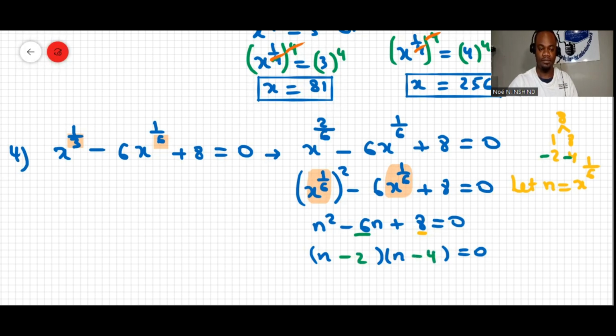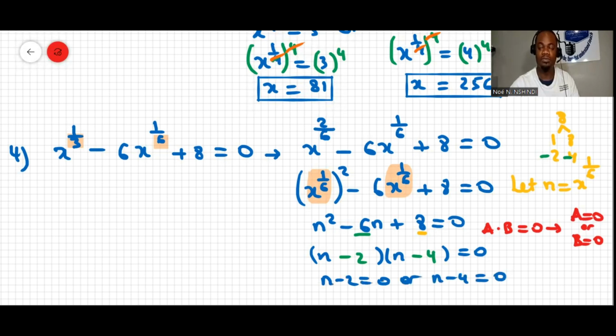Then you know what to do here. We apply the law we mentioned: if you have A times B equals 0, this implies A is 0 or B is 0. So in this case, n minus 2 is 0 or n minus 4 is also 0.